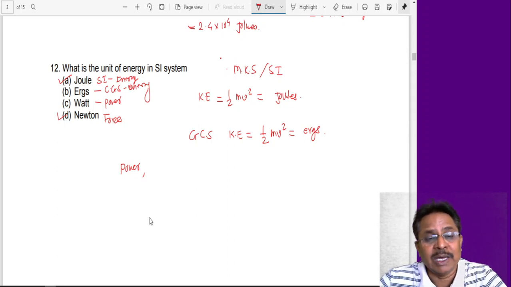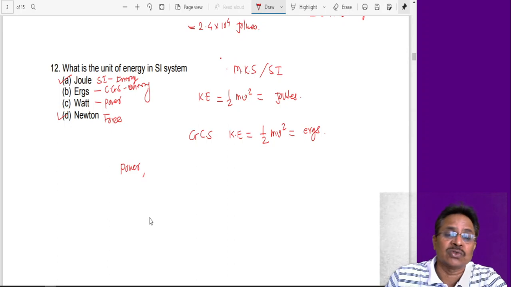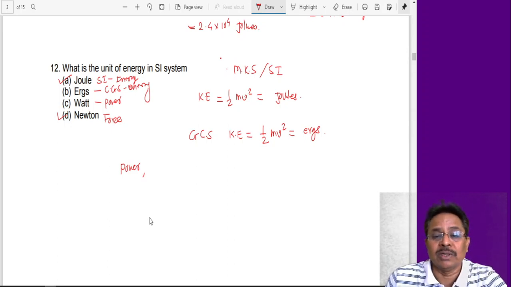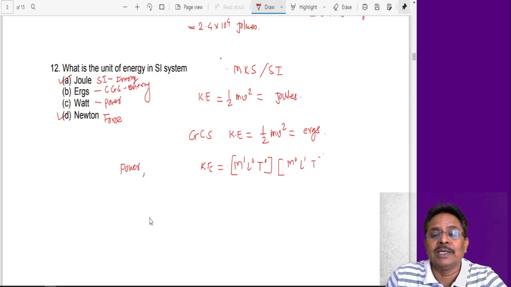Sometimes you may be asked to find out dimensions too, either for CGS or MKS system. I can go for K equals mass, which is M¹ L⁰ T⁰, and velocity is M⁰ L¹ T⁻¹, and the square of that is needed.